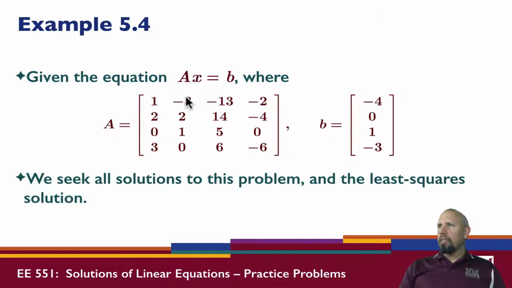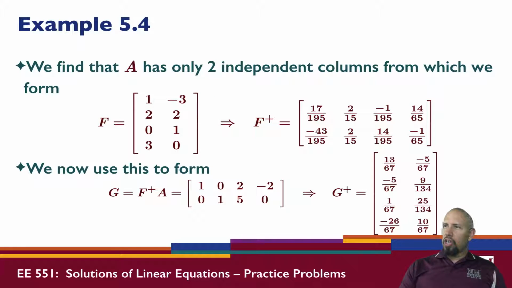There is a linear combination, and there are only two independent columns. So these are the independent columns.